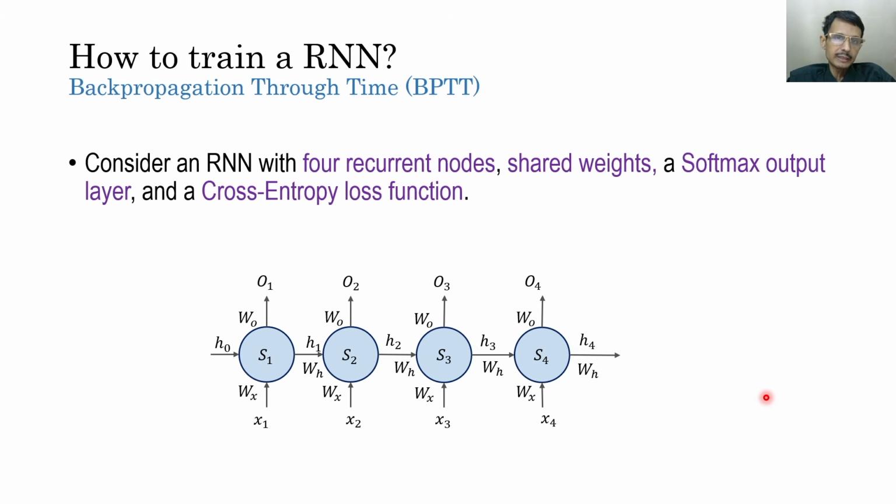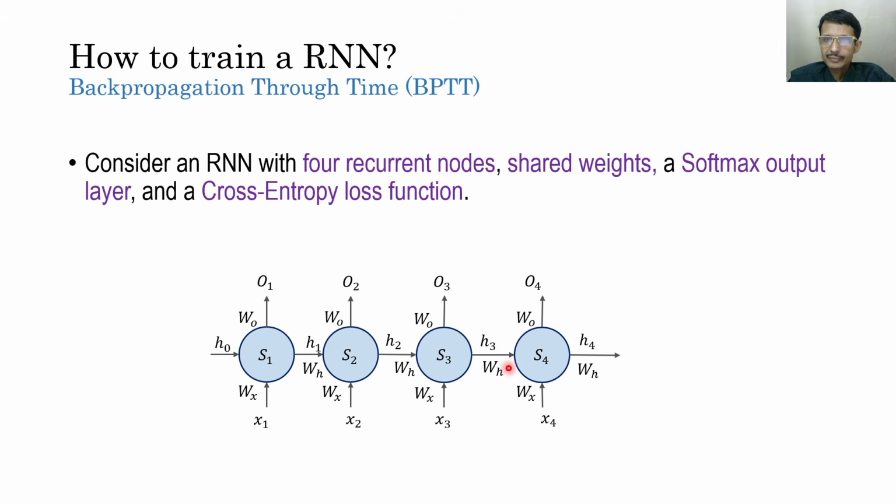So in BPTT for a simple RNN, the major issue is that, as we have seen, this is our basic architecture of 4 recurrent nodes. So these are the 4 nodes, and with shared weights, these are the shared weights.